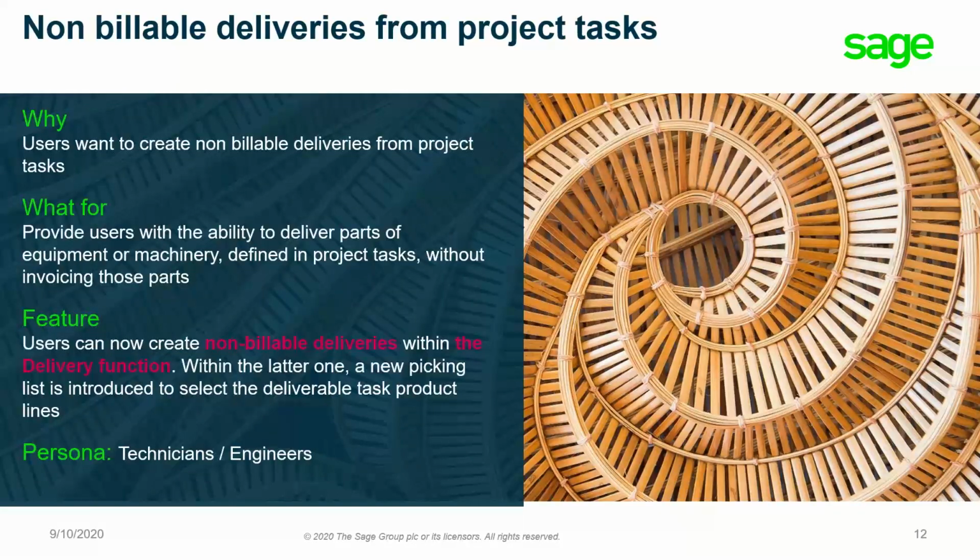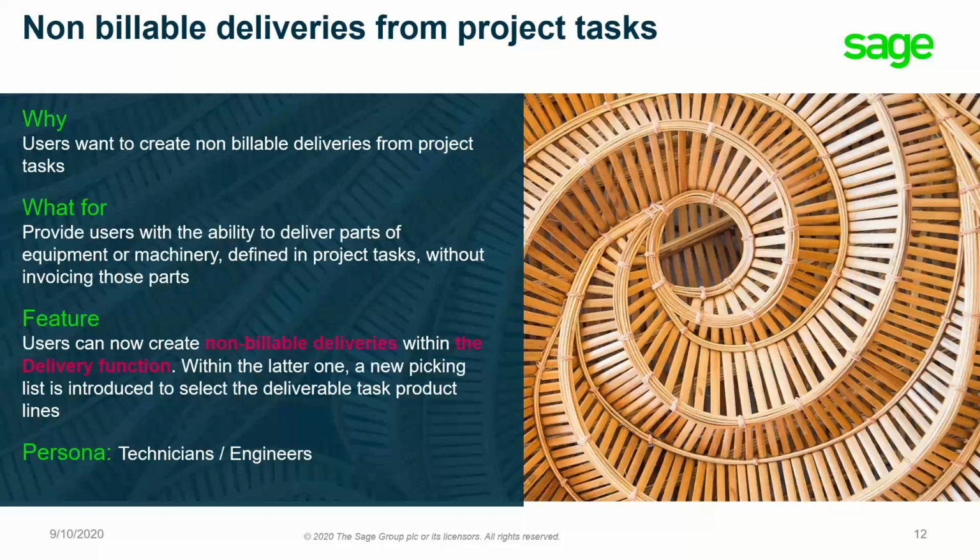Then the next area here is the project management capability. The first new capability is to manage non-billable deliveries from project tasks. What does it mean? Our target persona, technicians or engineers, are working on projects where they have some tasks. On the task, they have to deliver some part of equipment or machinery without invoicing those parts.